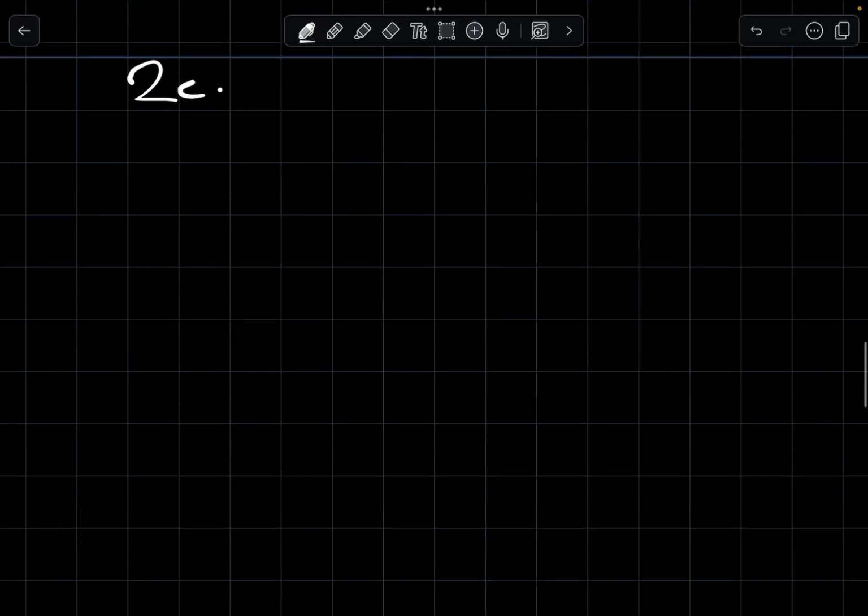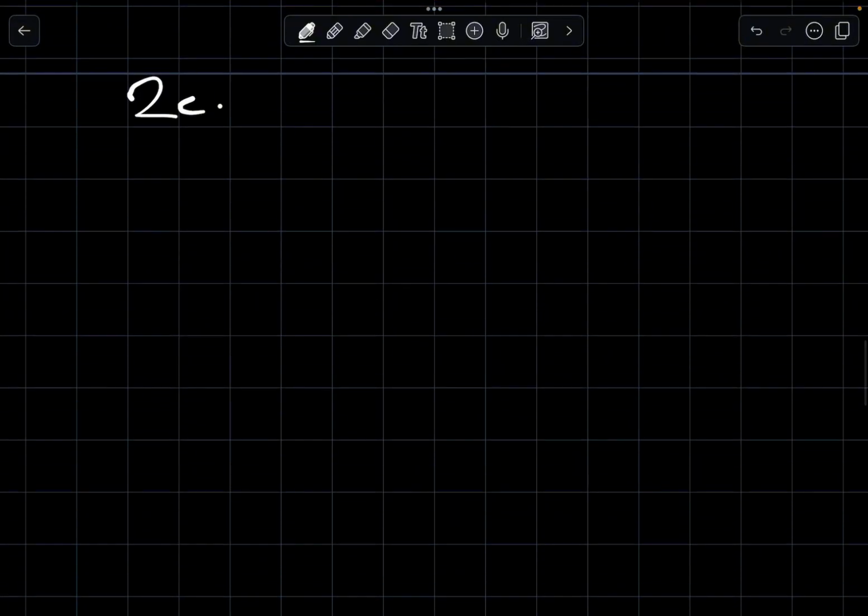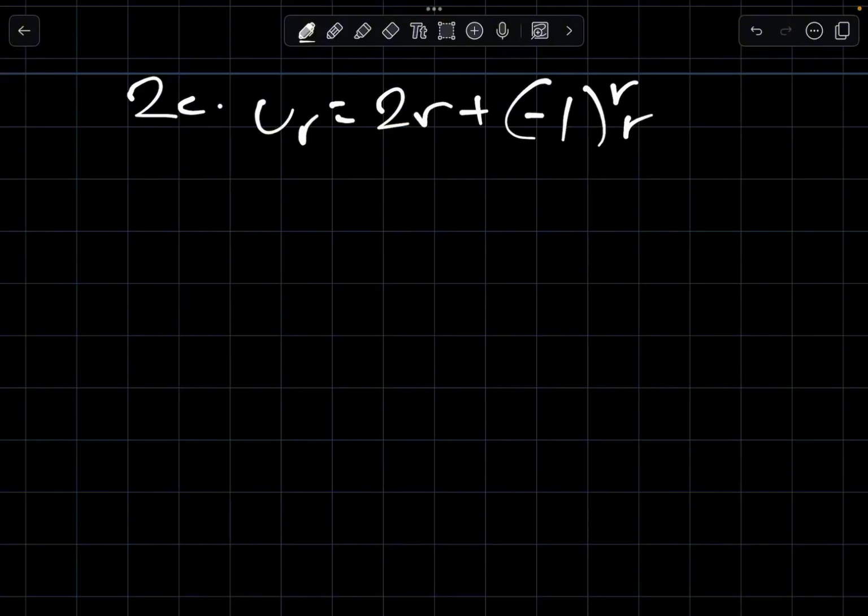Given ur is equal to 2r plus parentheses -1 to the power r, times r. This is a bit more confusing, but remember, it's all just going to end up being simple math here.